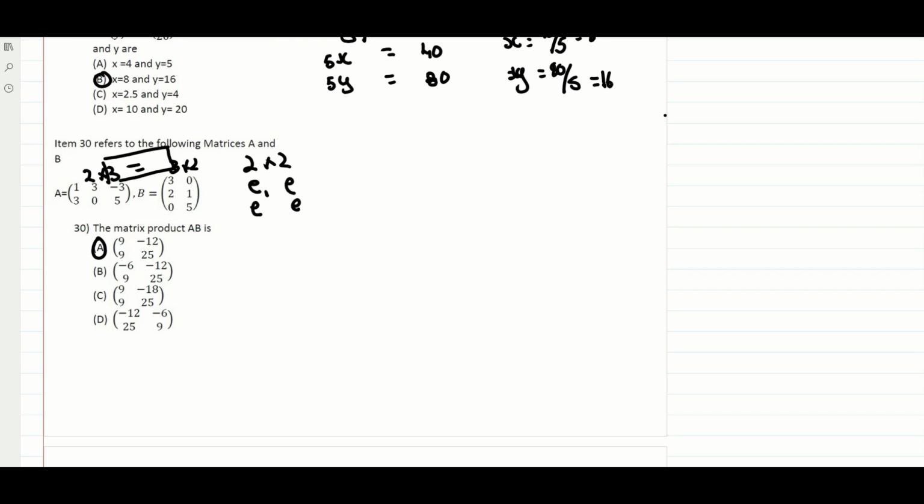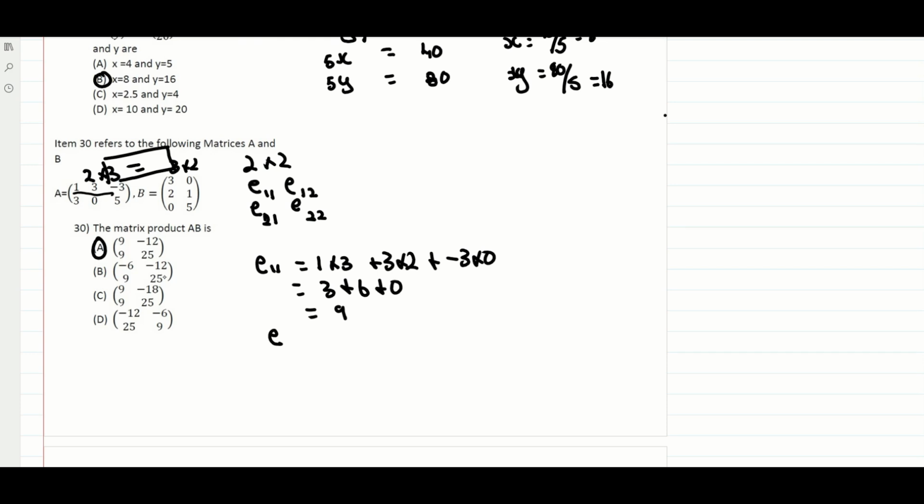So this is row 1 by column 1, this is row 1 by column 2, this is row 2 by column 1, and this is row 2 by column 2. So E11 would be row 1 by column 1. So it's 1 by 3 plus 3 by 2 plus negative 3 by 0. Alright, this would be 3 plus 6 plus 0, which is equals to 9.